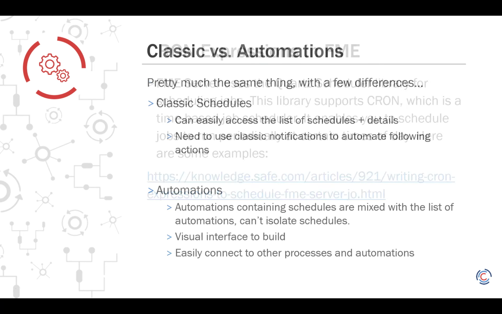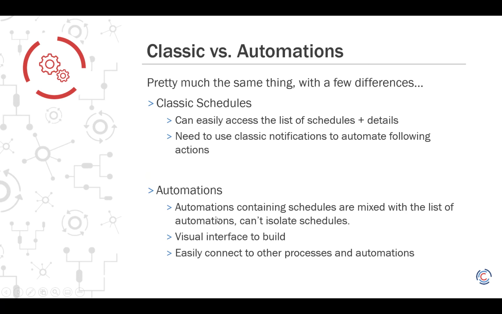Otherwise, with automations, you have that visual interface, and you can easily connect to other processes and automations all in the same interface. So that's kind of a benefit of the automations. But yeah, they're very, very similar. We don't really know where that's going to go in the future, if schedules are going to be completely integrated into automations or not, but I'm curious to find out.